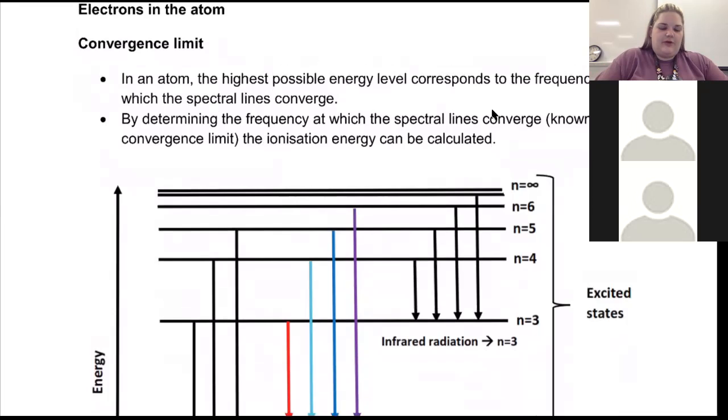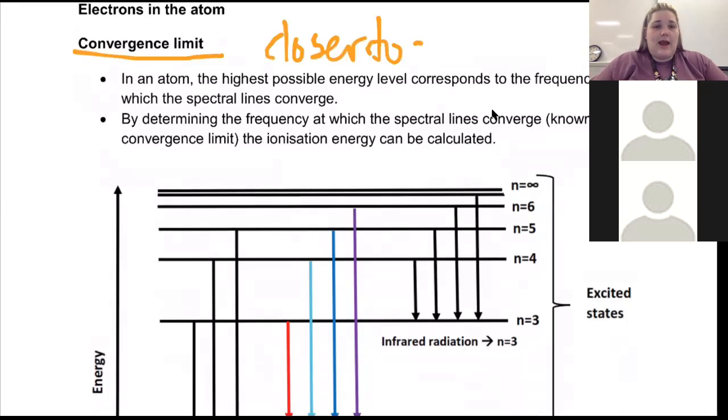From earlier this week, we learned that converge means that they get closer together. So what we need to know for our atoms, for the energy levels for the electrons, is that the energy levels get closer together at higher energy levels.